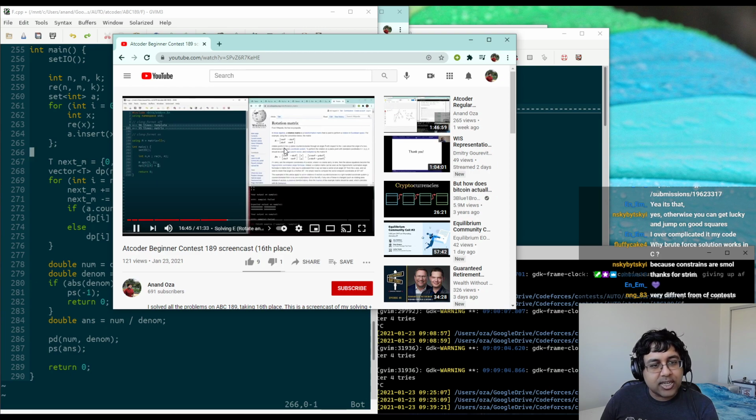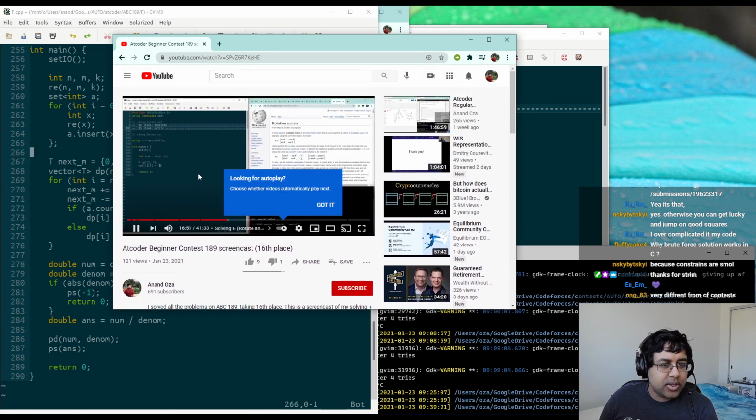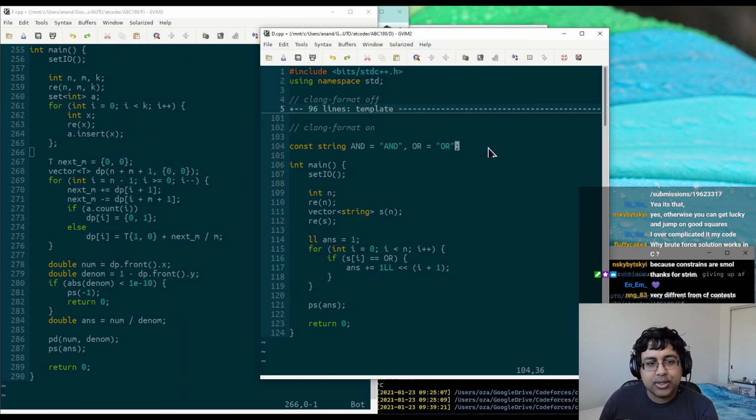You can see I googled rotation matrix just so I didn't have to think about the signs. And hopefully this is a little interesting. It's probably not the most interesting, because there's no commentary, but it might be interesting to get a live view of how I code and debug stuff.